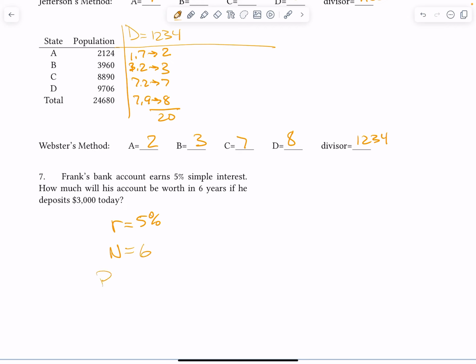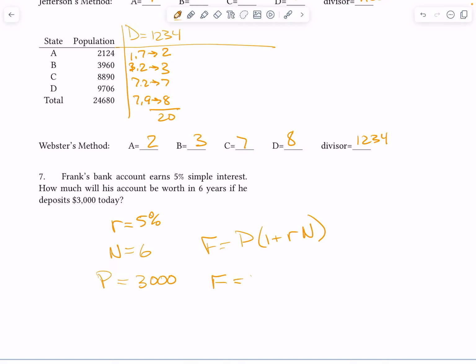And the original present value is 3,000. And so the future value is the present value times 1 plus r times the number of years. There might have been a t instead of an n there, but either way you cut it, you're going to get the same answer.